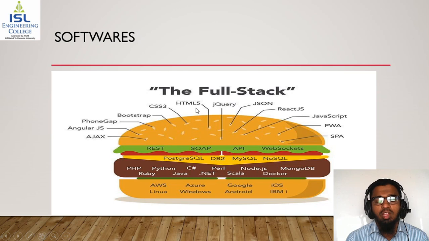If anyone asks you about a two-wheeler bike, what will you suggest? These many are there. In the same way, for developing the front end, you can use any one of these software or languages. So this is all about the full stack developer.